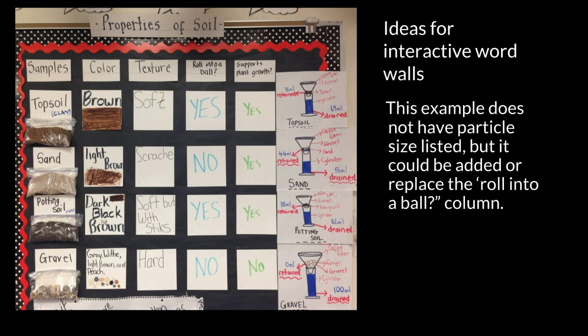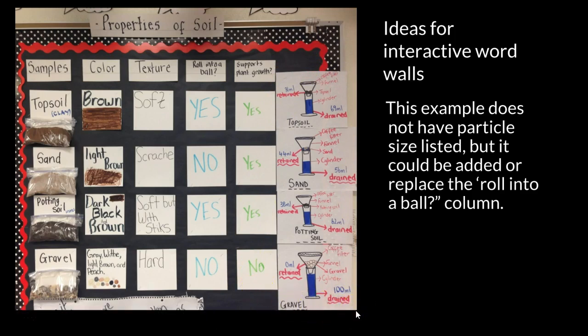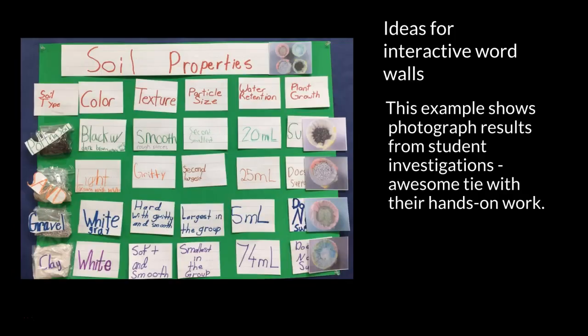So that's not a part of the standard per se, still an interesting characteristic that might relate to particle size, but it could just be looking at particle size and then doing some sort of measurement from largest to smallest or something like that. The other piece I really like on here is that the teacher has actually made an anchor chart of their investigation for their water retention investigation, which I thought was really a great idea.